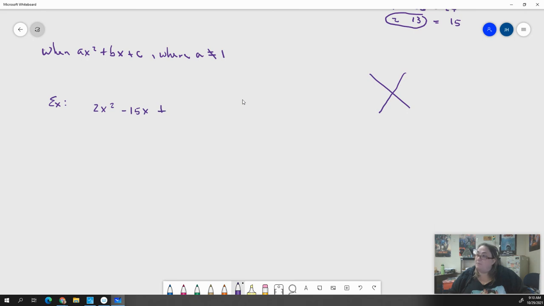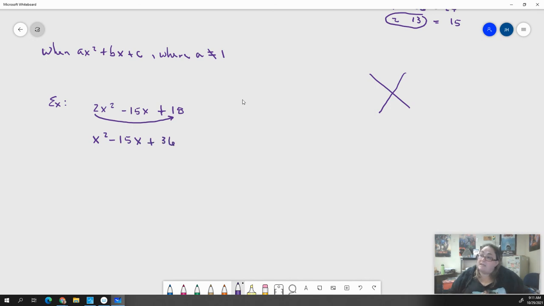15x plus 18, what I like to do is take this 2 and multiply it by 18 and then rewrite the problem as x squared minus 15x plus 36.